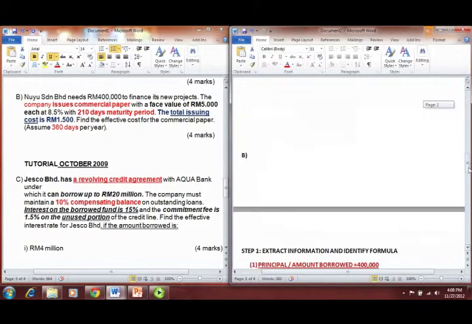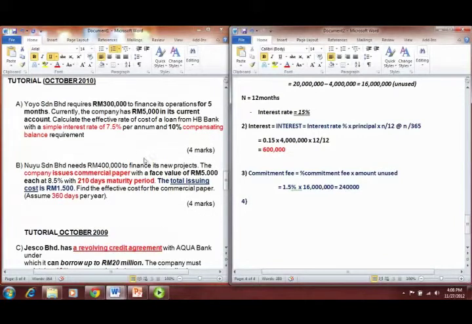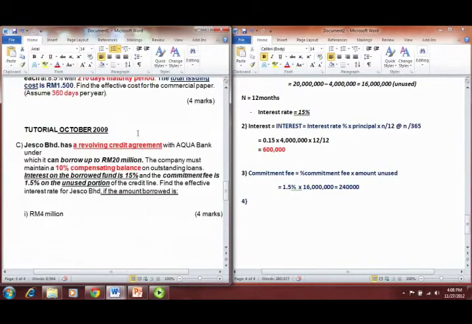Based on the question, do you see any information that mentions the company currently has any amount in the account? As you can see in your chapter, in your example, the company has 5,000 in the current account, so the balance is your CB. But in this question, do you see any current amount in the account for this Jesco? No. So we assume 0. So you need to calculate your CB.